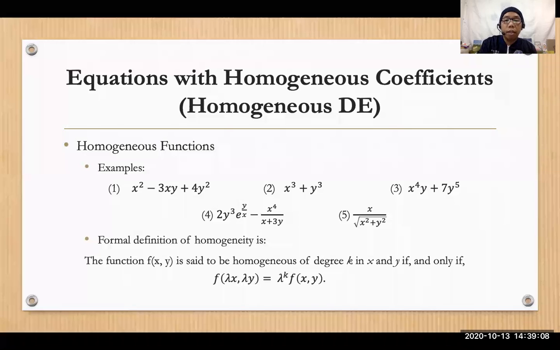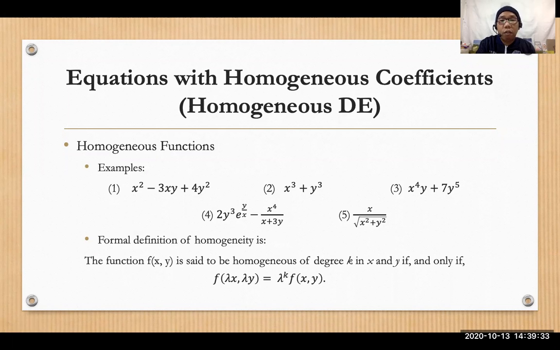or homogeneous function. I mentioned earlier that the first 3 examples are very obvious. By just looking at the given function, you can easily determine whether or not that function is homogeneous. But for the last 2 examples, number 4 and number 5, you cannot easily determine whether these functions are homogeneous or not.